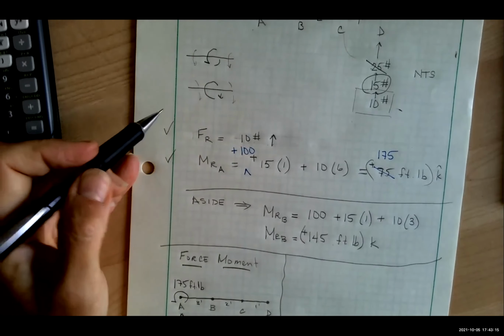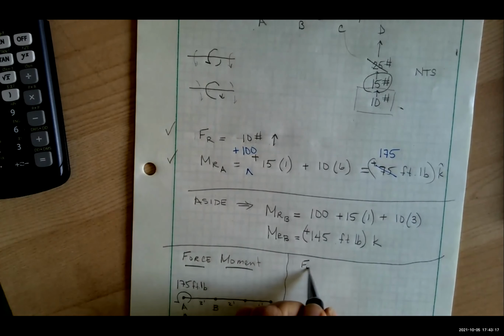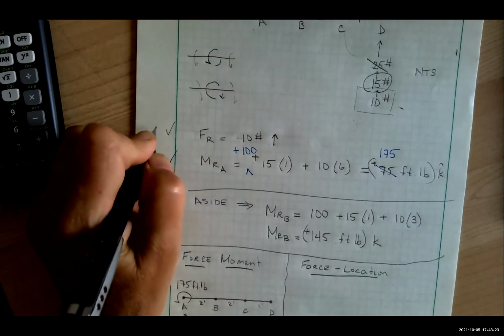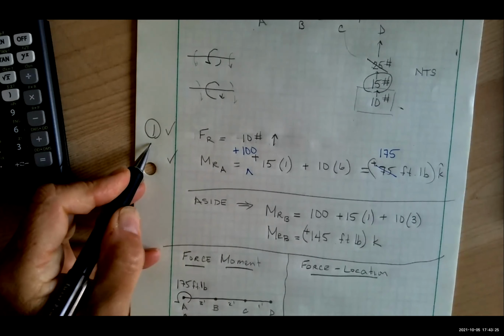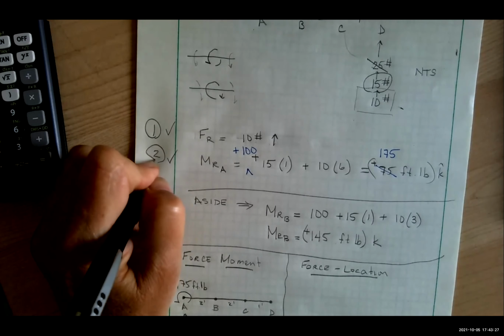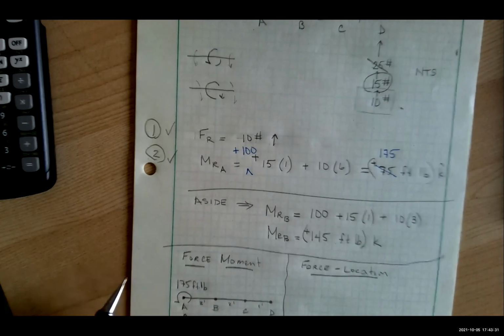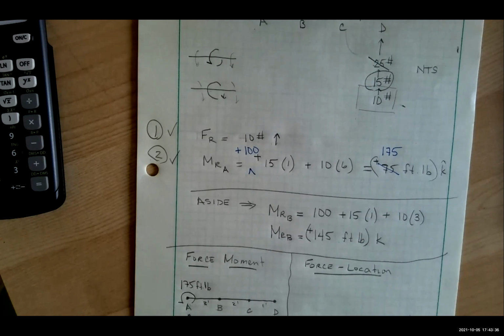You find, no matter whether you're doing a force moment problem or a force location problem, the first step is to find the resultant force. Step 2, find the resultant moment. In a force moment problem, the next step is just to draw the force and the moment on the beam.